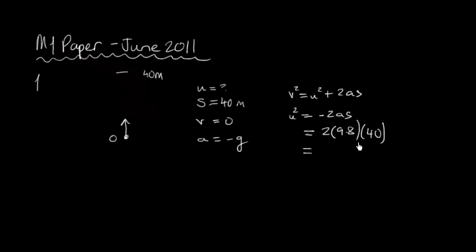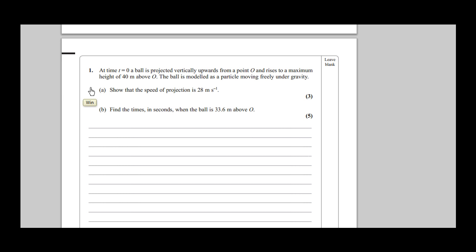And that comes out to be, I just have to get my calculator out, 784.8, and that is taking this as 9.81, and the square root of the answer then is 28.0 meters per second, and that is what we were asked to show. So that part was fine, part 1a.